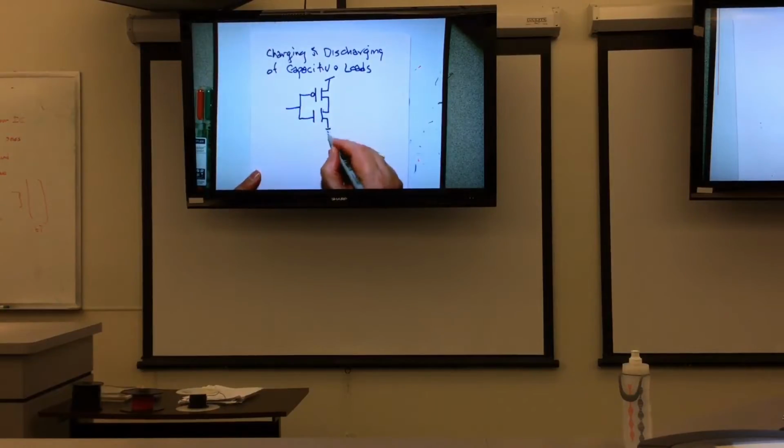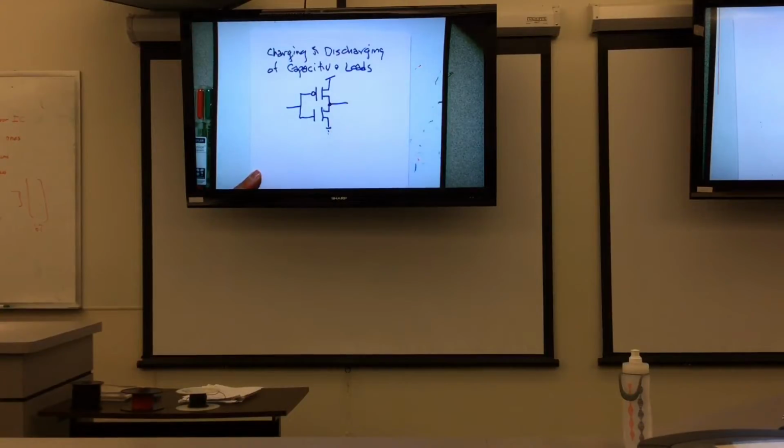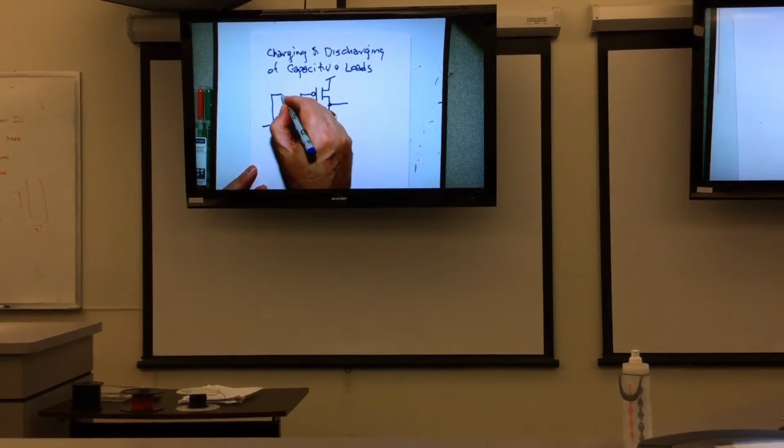And there's an output. We're going to apply an abrupt input, like a step function, going from 0 volts to VDD. We apply it to both gates.